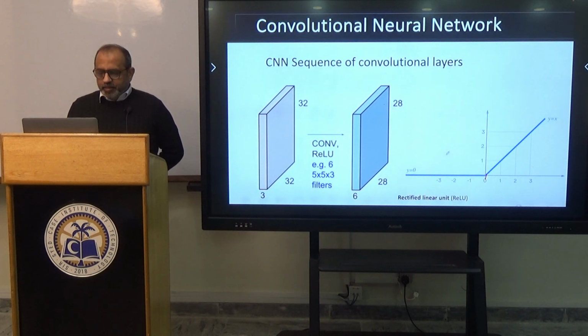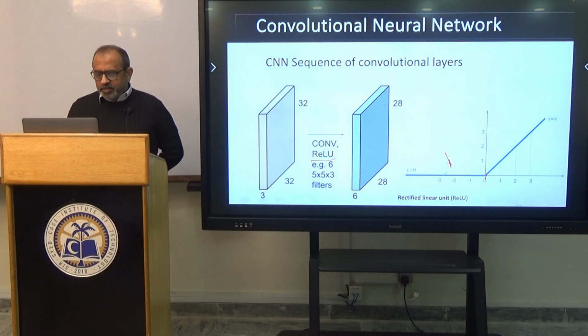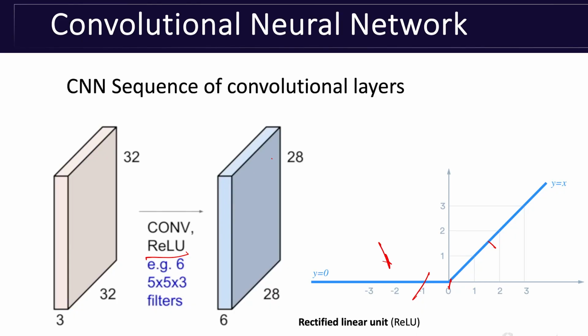It may be a rectifier nonlinearity, a rectifier linear function which will just make the negative values 0 and keep the positive values as is, or maybe a sigmoidal nonlinearity.